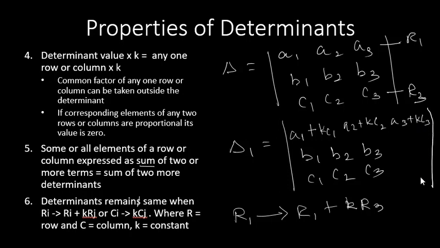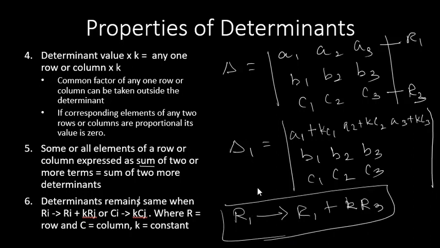Do you understand? Now the first row has been transformed, and this kind of transformation is allowed in determinants.